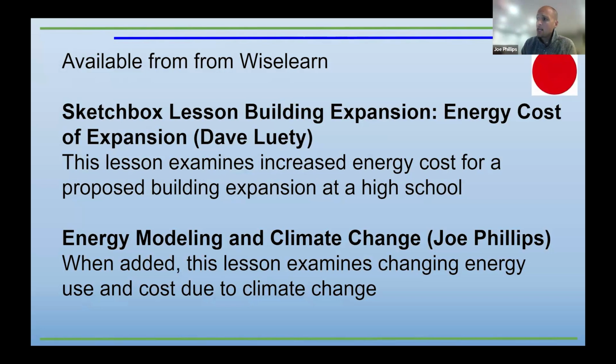I made a lesson talking about energy modeling and climate change. There is a wonderful website out there that is kept up to date by the University of Maryland, and it talks about what climate is predicted to be in the next 30 to 60 years.